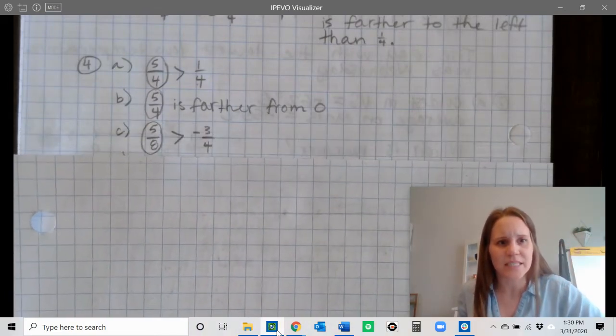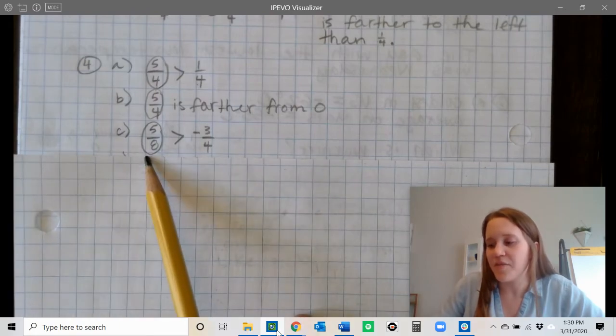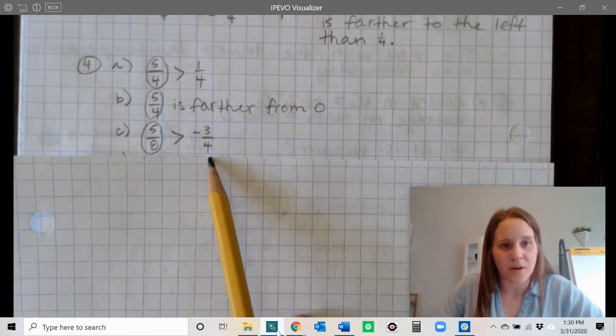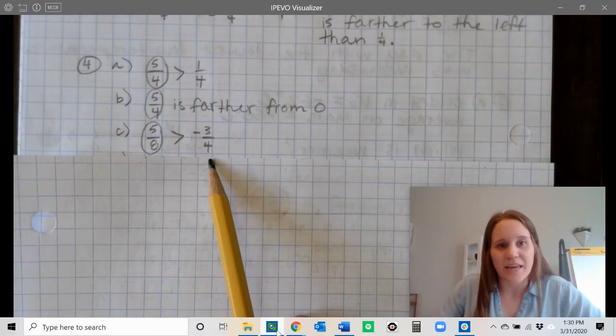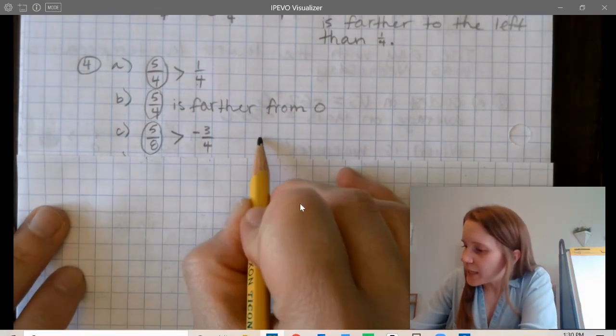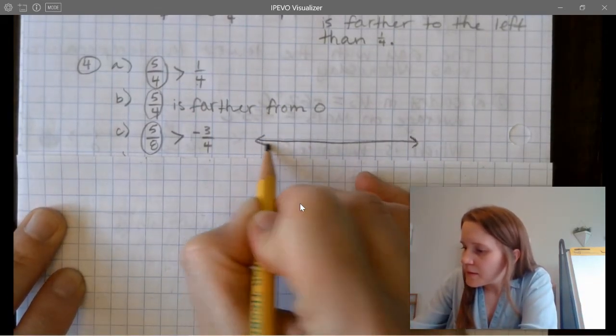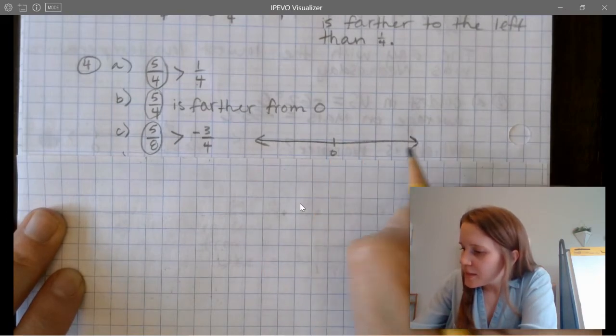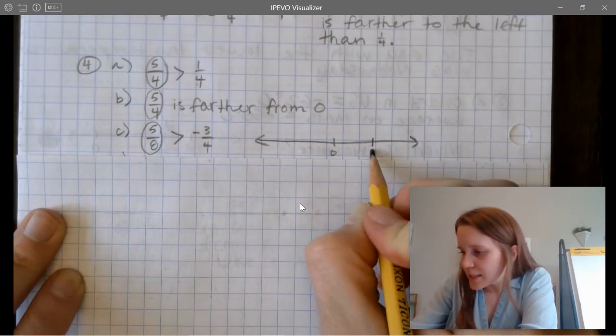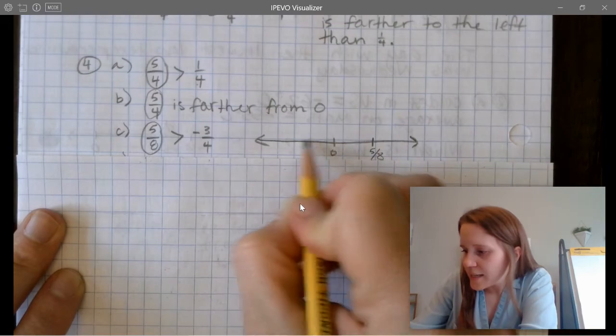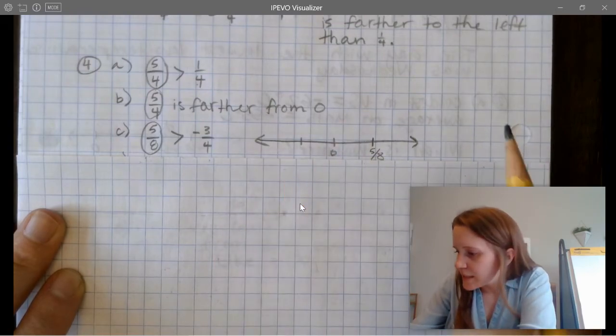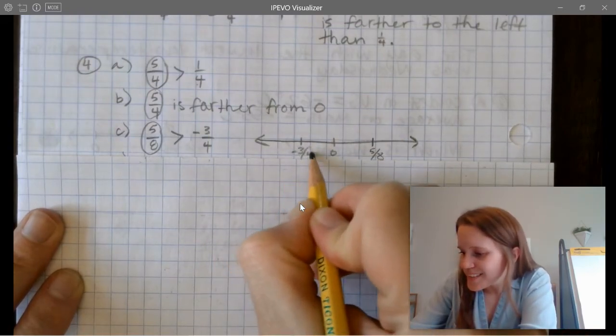This makes it interesting. C said, which number is greater, 5/8 or negative 3/4? If I were to draw a number line, here's 0. Here somewhere about is 5/8, and here somewhere about is negative 3/4.